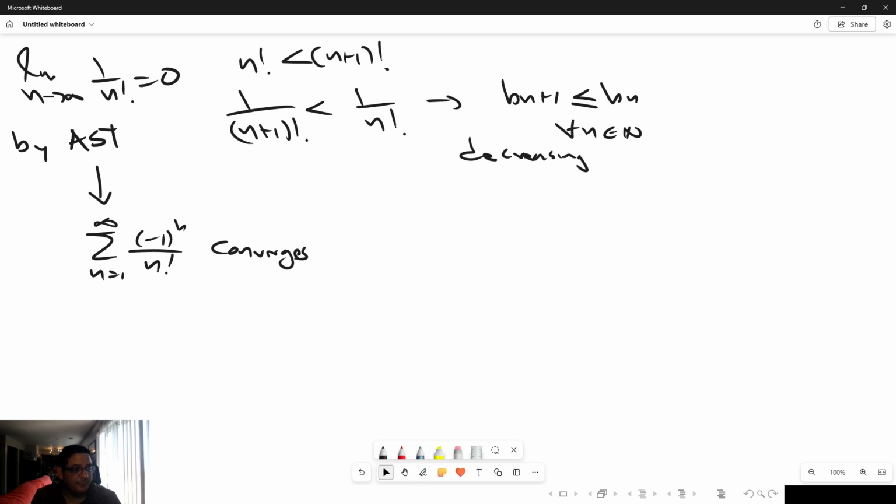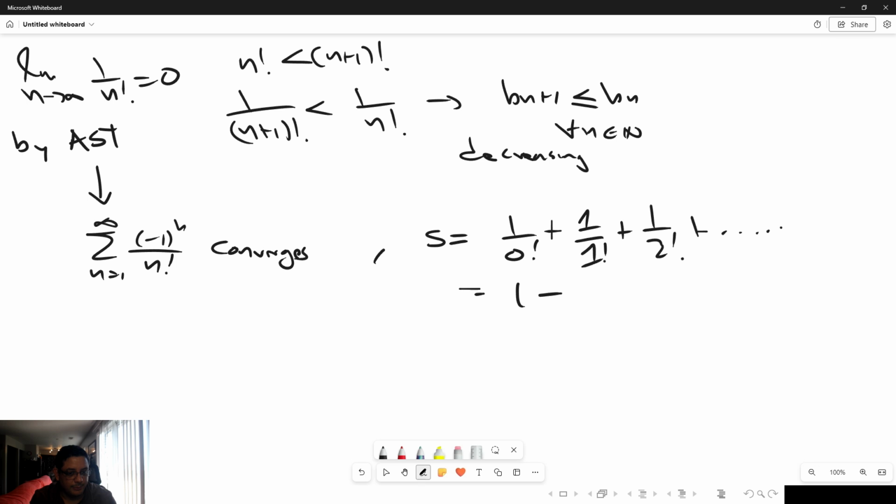Now, of course, you got to remember that the sum is 1 over 0 factorial plus 1 over 1 factorial, right? 1 over 2 factorial, so on and so on. Okay, and so this is going to be equal to 1 minus, sorry, I forgot the alternating part.